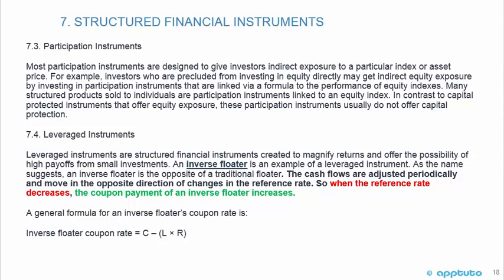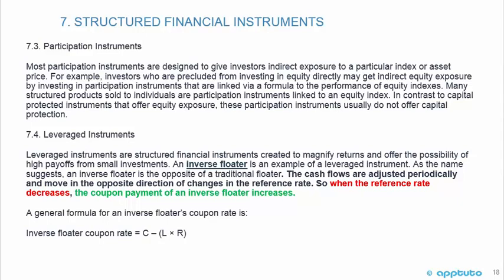Many structured products sold to individuals are participation instruments linked to an equity index. In contrast to capital protected instruments that offer equity exposure, these participation instruments usually do not offer capital protection, okay? So that's an important point.